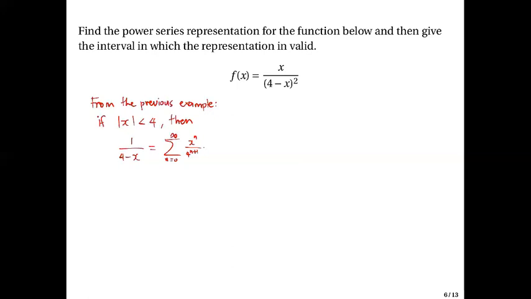So what we're going to do to obtain 1 over 4 minus x squared, you just need to get the derivative of this.